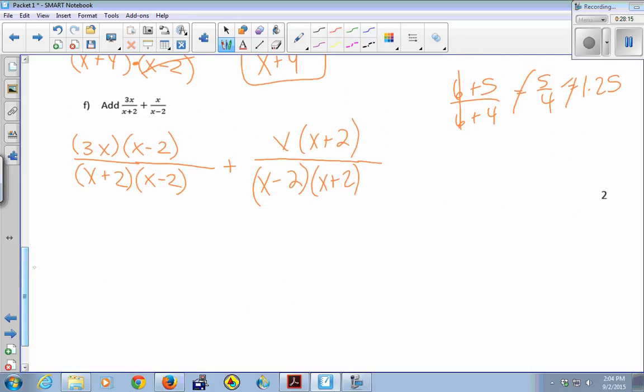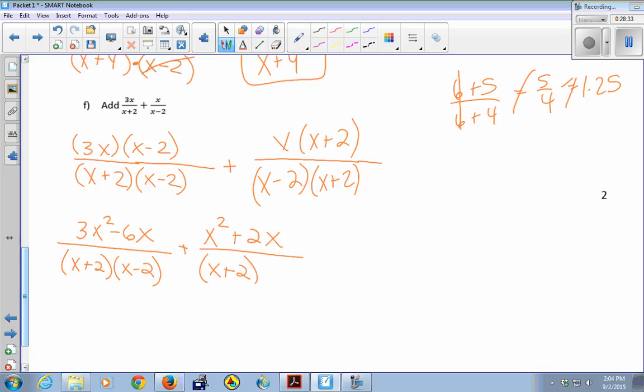Okay. Then I'm just going to do my distributing on the numerator. So I get 3x squared minus 6x over x plus 2, x minus 2, plus x squared plus 2x, just distribute that x, over x plus 2, x minus 2.